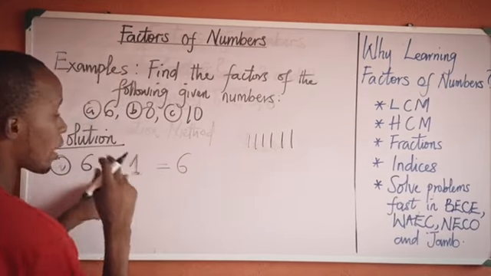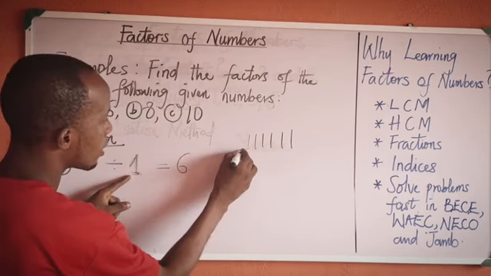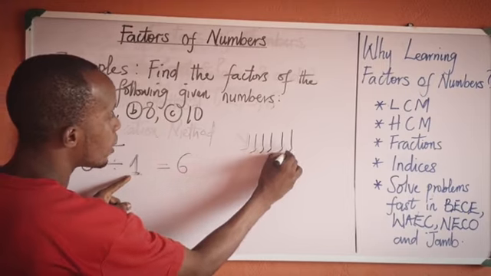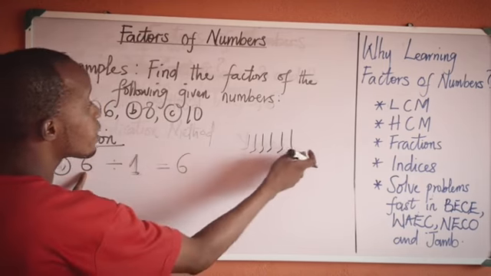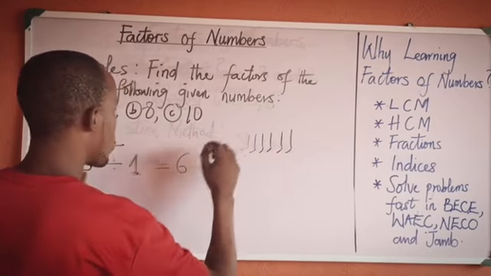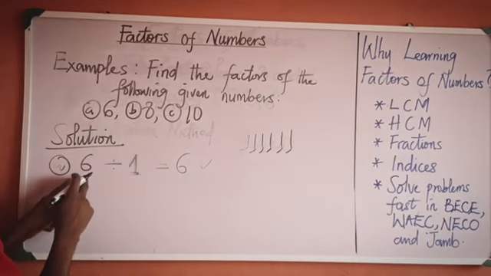Then divide it by 1. What does that mean? Use 1 to divide the 6. This is 1, 1, 1, 1, 1, and 1. You can see that 1 divides 6 into 6 places, and there is no remainder. So we can say that 1 is a factor of 6.